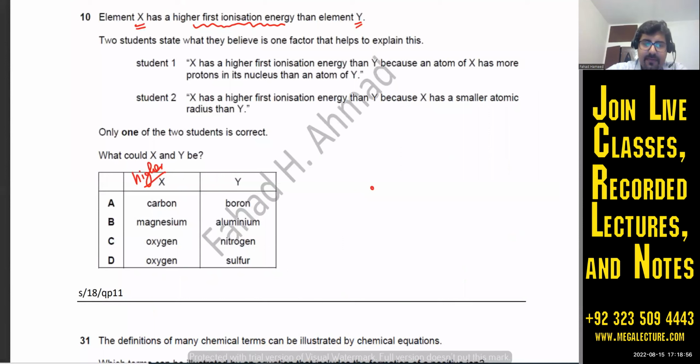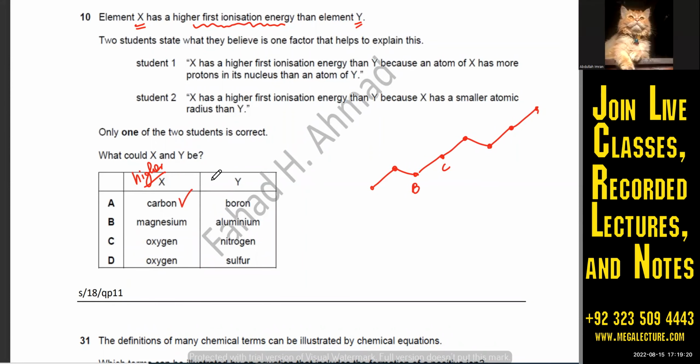It's first group, second group, third a dip, fourth, fifth. On group 6 there's going to be a dip, and then 7 and 8. Now carbon is over here and boron is in group 3. So the first statement is correct: carbon does have a higher energy compared to boron. Is that clear?